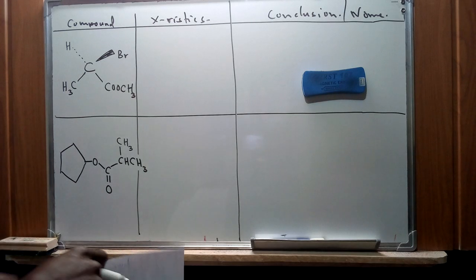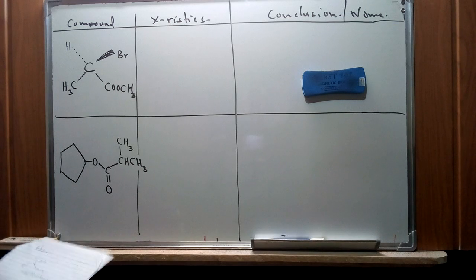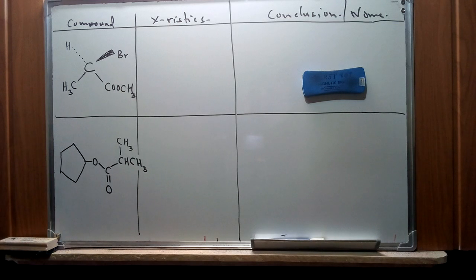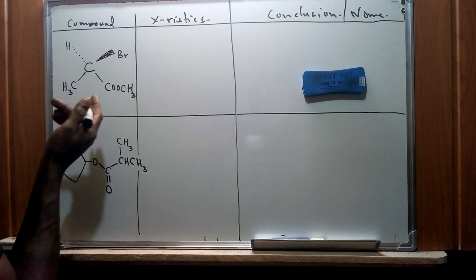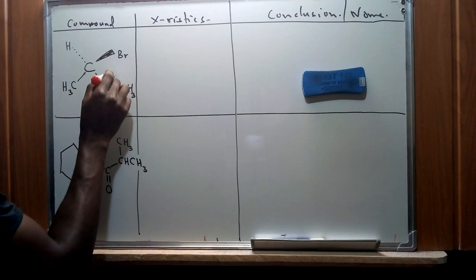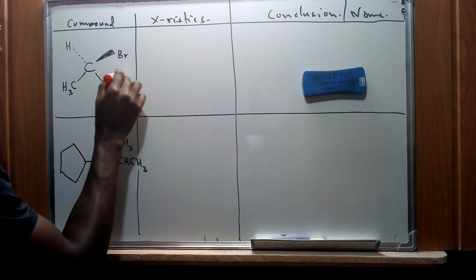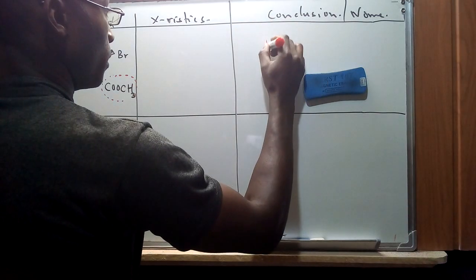So in this case, I'll just start with the first one, whereby we're going to look at which functional group appears in this particular molecule. If you look at this molecule, you can see that there's a functional group appearing at this specific point.